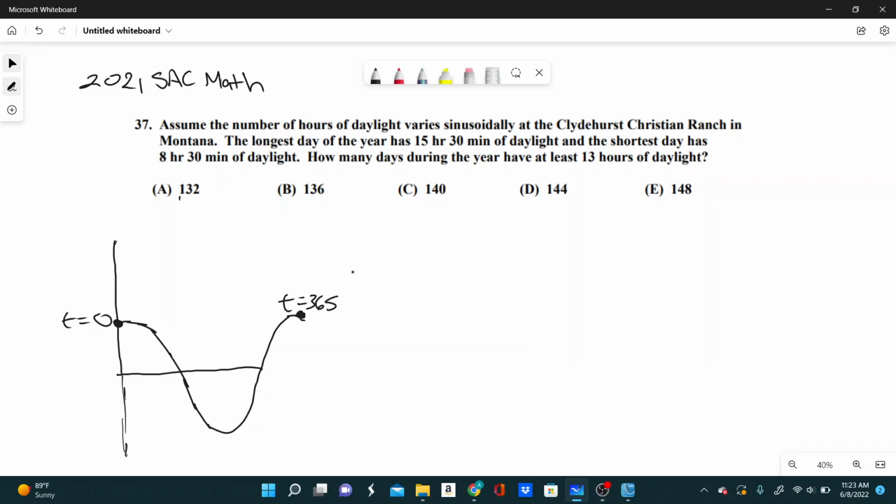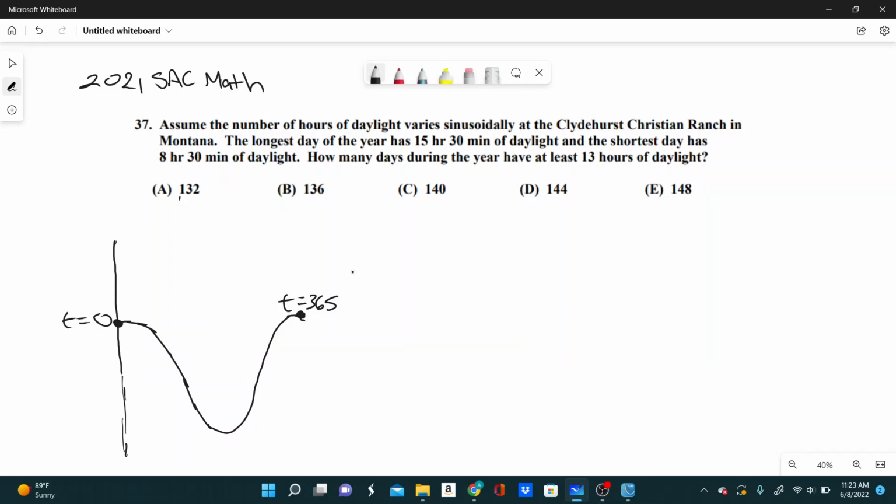So we have to find the different parts of a sinusoidal equation. First we have to find the amplitude. To find the amplitude, we just have to find how far it is between the shortest day and the longest day, and then divide by 2. I shouldn't have drawn this because that's kind of misleading.